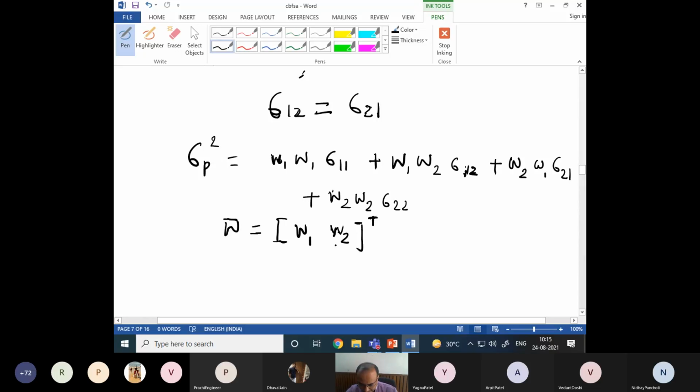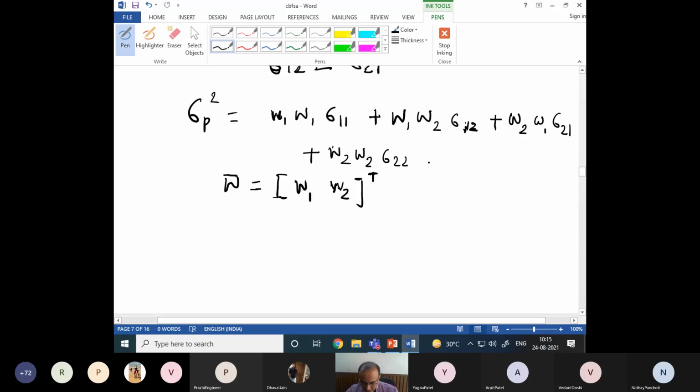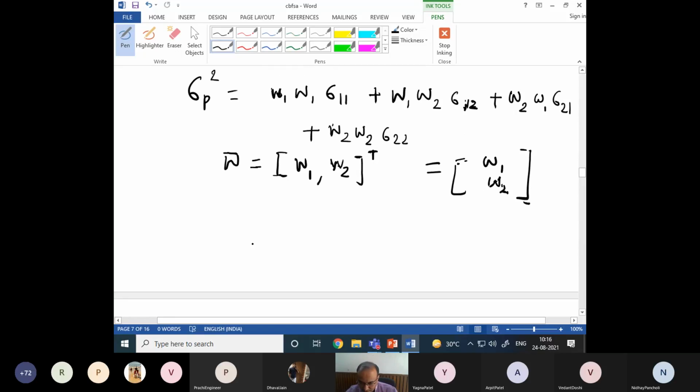So W bar is equal to W1 W2 transpose. There are two elements in it. Actually, it is a column vector, because in MATLAB it is easier to deal with vectors and matrices, so we always write it this way in theoretical discussion. So W equals W1 W2 transpose, which is actually a column vector.